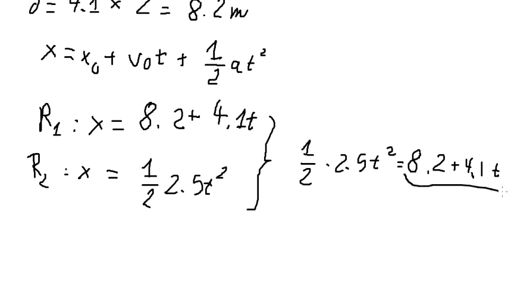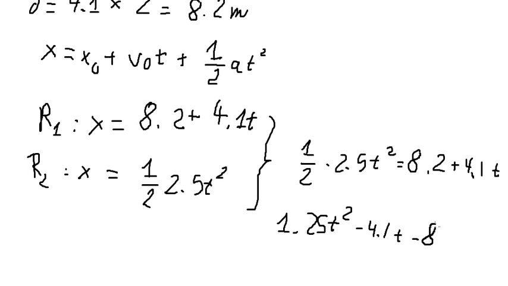And now we move this one to the left. 1 over 2 multiplied by 2.5, we have 1.25 t squared minus 4.1 t minus 8.2 equal to 0.